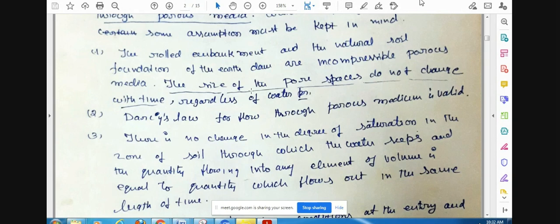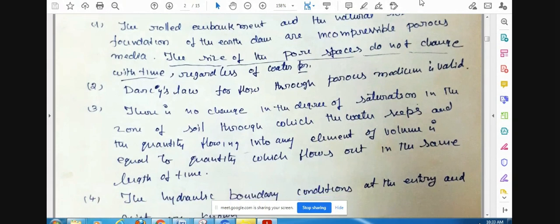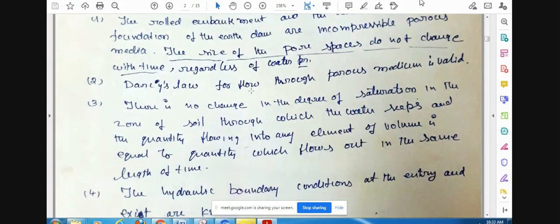So that is Q equal to KIA. You must have heard that equation. That is Darcy's law. So the second assumption is that Darcy's law is valid for flow through the porous media, right? The third assumption is that there is no change in the degree of saturation.